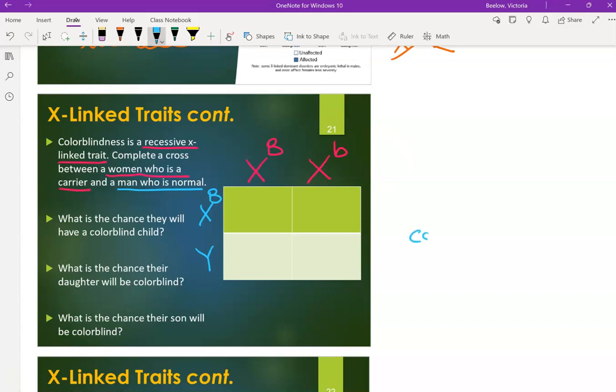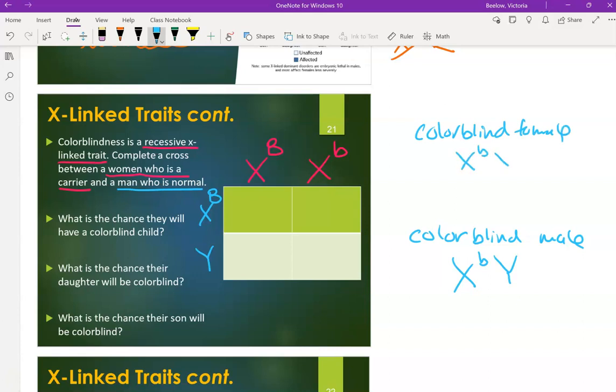A colorblind, so here are just the other options. Male would be this, okay, because he would have the recessive trait. He would be colorblind. A colorblind female would have to have both recessives.